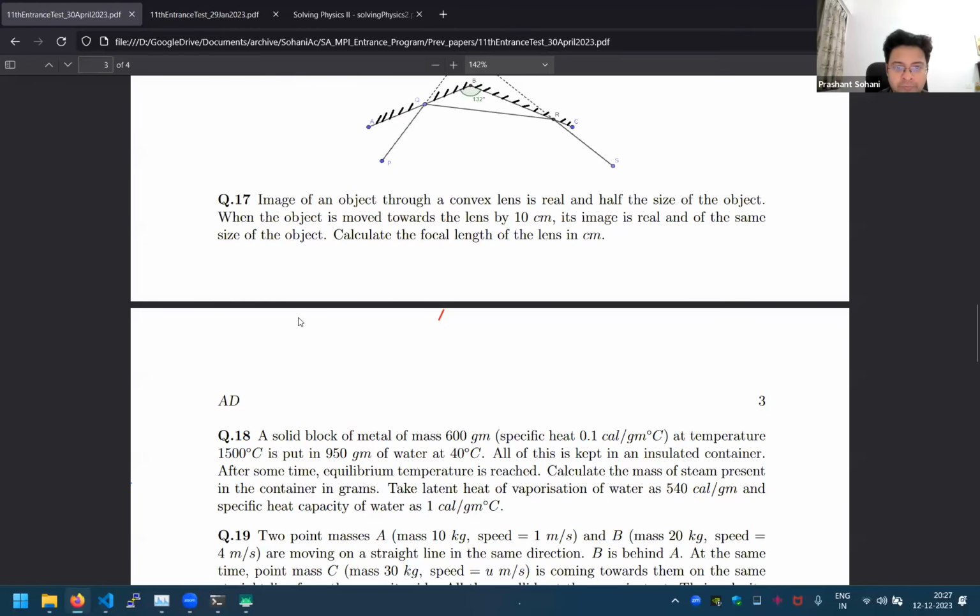So question 17, again, it is pretty much the similar kind of question as what we did last time. The image of the object is real and half the size of the object. And when the object is moved, the image is of the same size. Only one point to be added to what we talked about earlier: earlier we were talking about the distance from the lens, but here we are talking about the size of the image or size of the object.